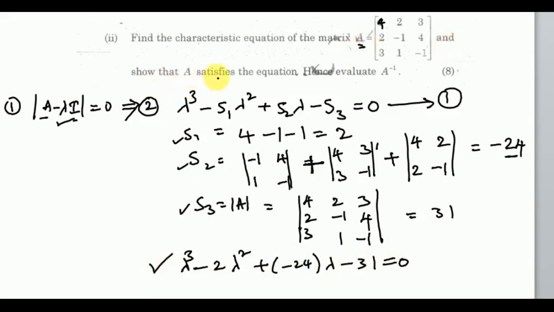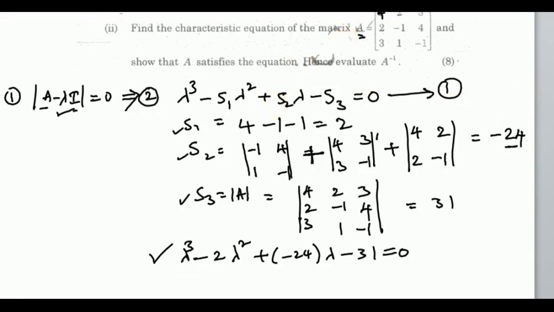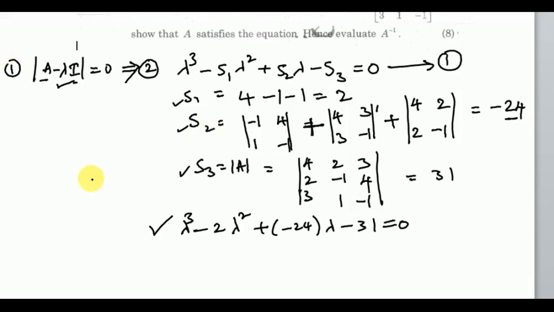Show that A satisfies the equation. According to the Cayley-Hamilton theorem, every matrix satisfies its own characteristic equation. So in the same way, they asked us to prove that. We need to substitute A in this characteristic equation and write the equation as A cube minus 2A square minus 24A minus 31I.